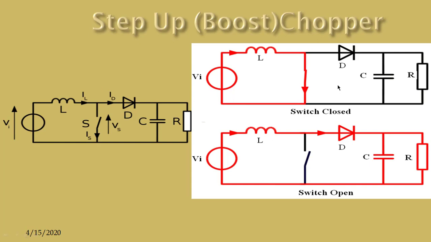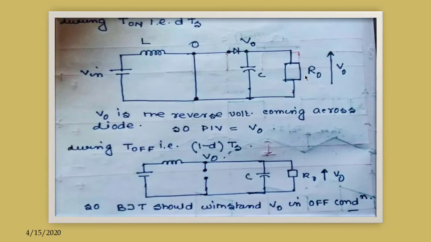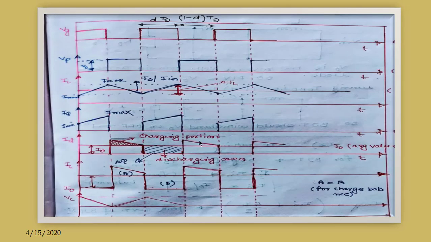In mode 1, inductor charging, BJT is short circuited and the slope is rising slope. So the current which is flowing through this BJT, that is IQ, will follow the nature of the inductor current. So if we see the waveform, IQ follows the nature of the inductor current.